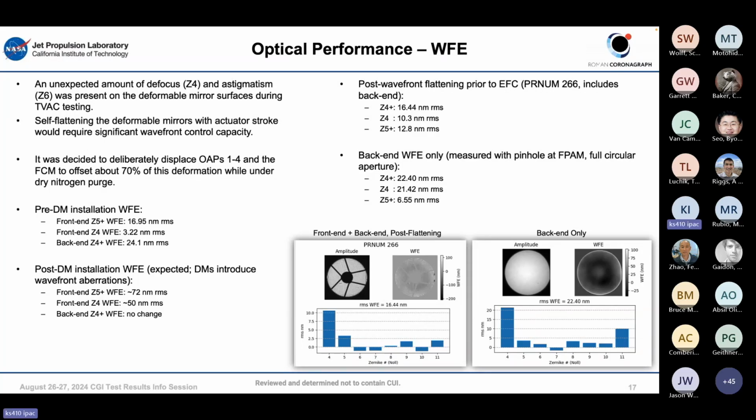So after we did some corrections, we got down to 72 nanometers RMS above Z4.